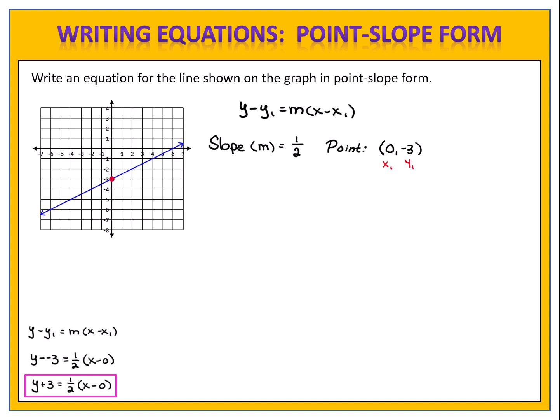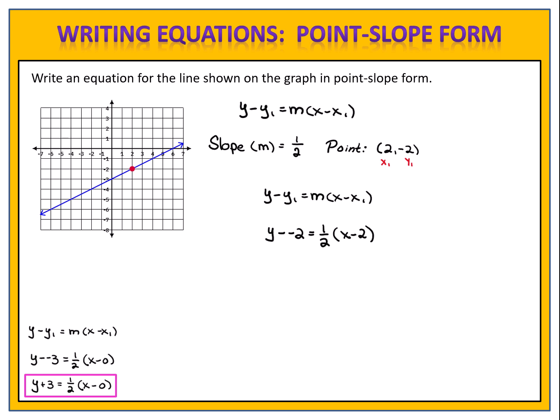For example, suppose instead of the point (0, -3), we chose the point (2, -2). In that case, 2 would be x1, and -2 would be y1. We substitute into the formula y minus y1, y minus negative 2, equals m, 1/2, times x minus x1, which is 2.